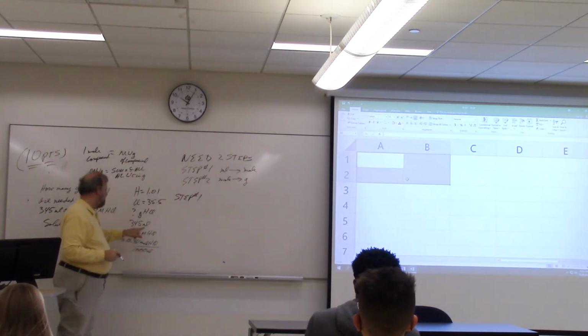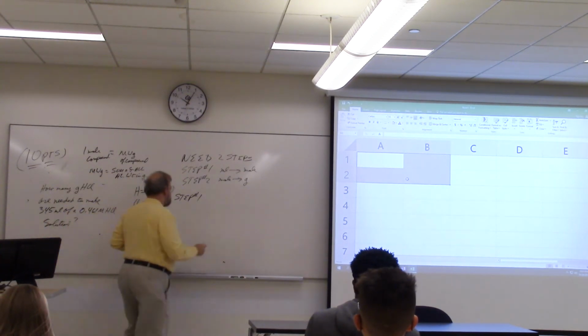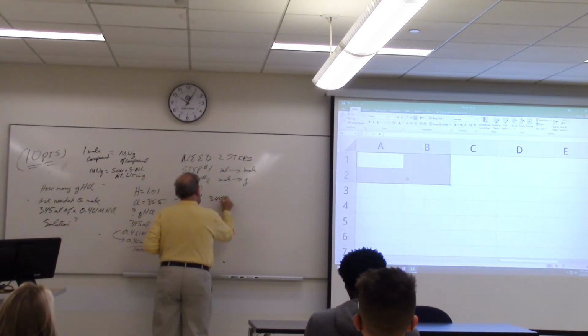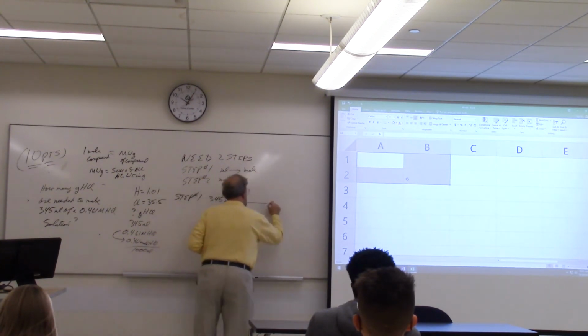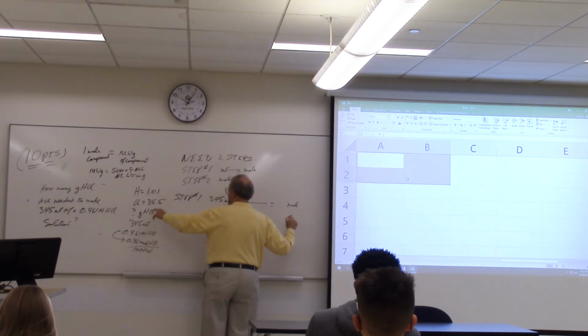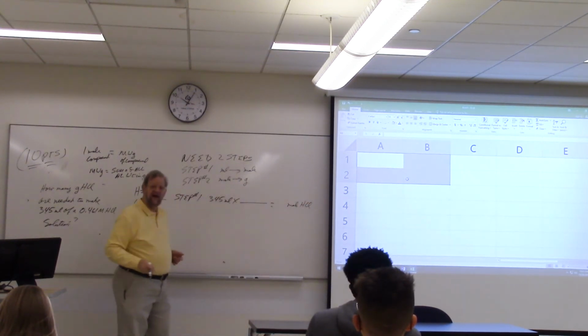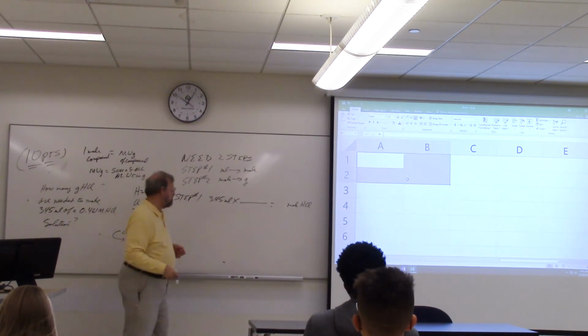I have how many milliliters? 345 milliliters. And I'm trying to get to moles. In this case, it's HCl. I'm going to use unit analysis. Whatever I'm trying to get to goes on top.